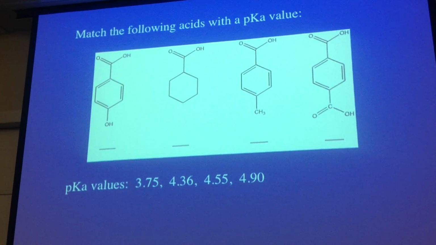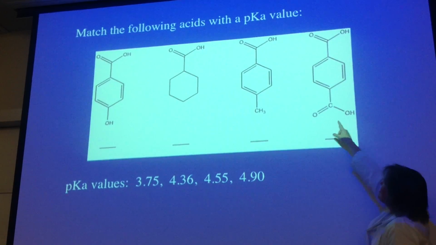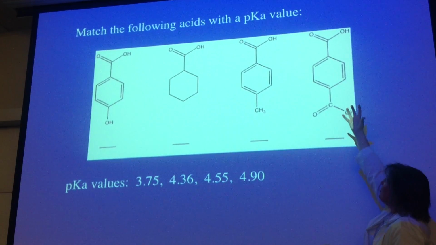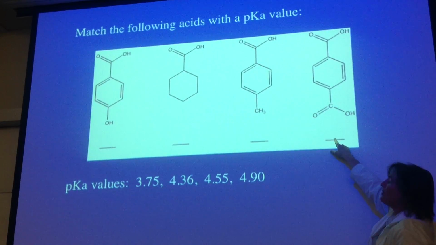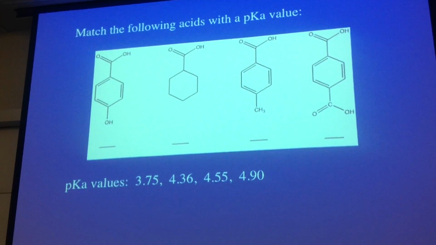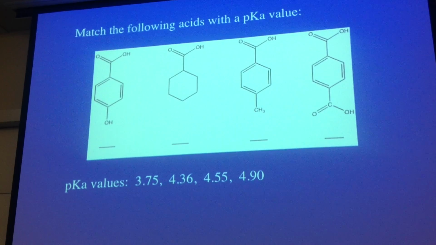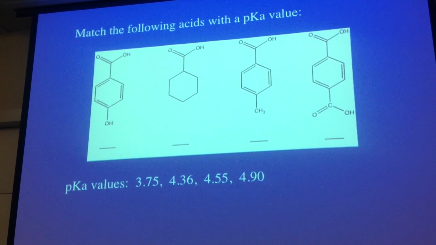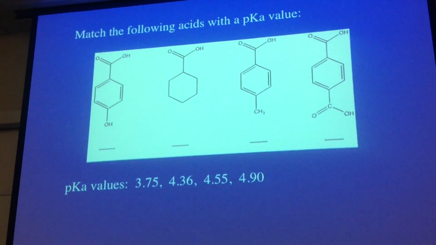Far right. Yeah, once you make this an aldehyde, that's an electron withdrawing group. It's going to be pulling electron density out of the ring. This is the 3.75. Which one would you guess is going to be the worst of the three?